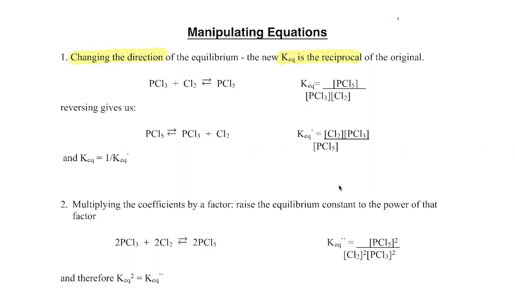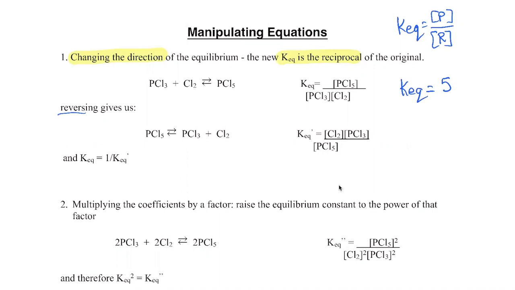We still write KEQ as always, our products over our reactants. So here we've got our product on the top and our reactants on the bottom. If we were to give this a value, so let's say KEQ was equal to 5, we can see how that number will change when we flip the reaction.